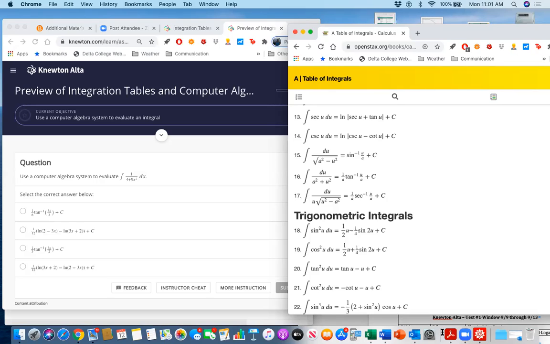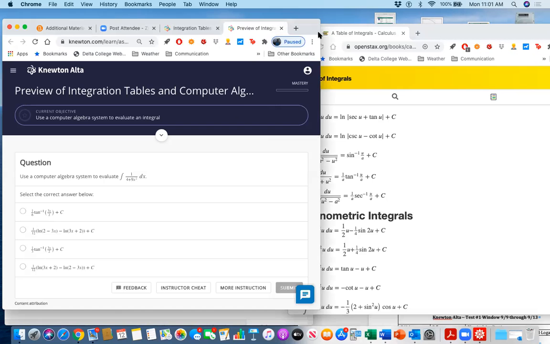And 1 over 2/3. All right, so you know what? Let's go ahead and stop that share. Yeah, so shouldn't it just be 3/2 tangent inverse of 3/2 plus c?